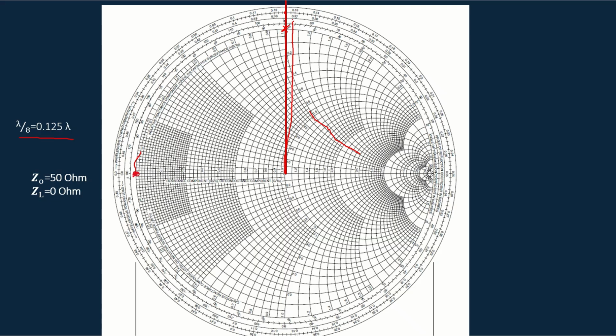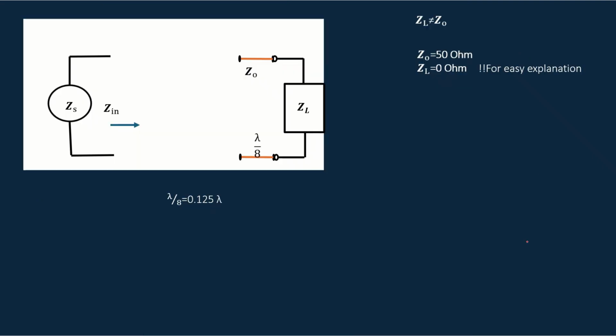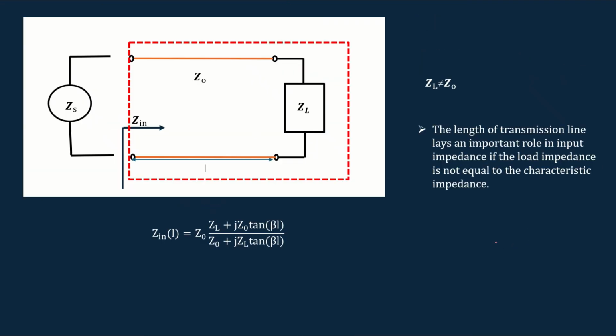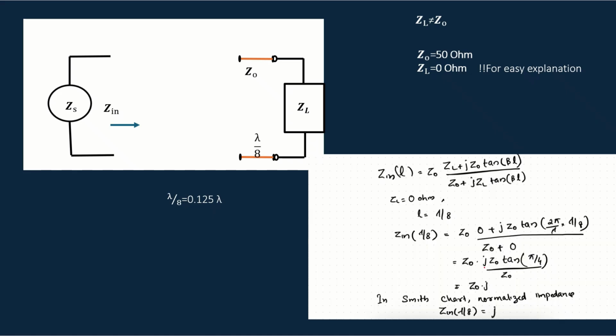That means this value is j. So we got j as the input impedance. This is the same as whatever value we calculated using these complex calculations. With the Smith chart, it is very easy to calculate the input impedance.